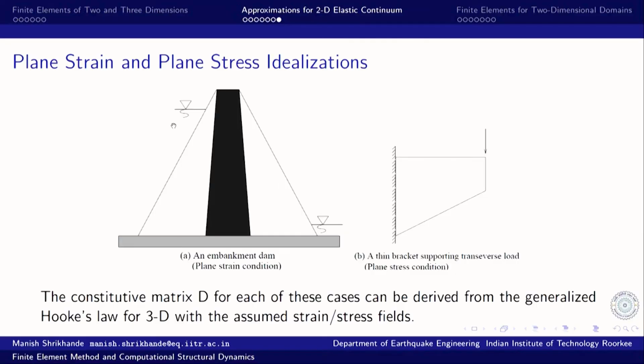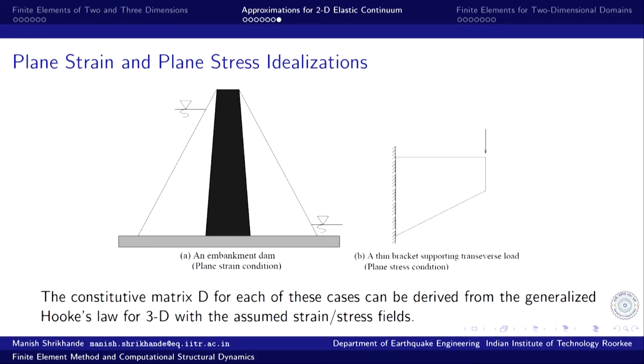So, there is no other external force acting normal to the plane xy. So, at a sufficient distance away from the supports, where there would be some local influence of the reactions from the valley mountains, this entire thing can be considered as a plane strain problem.